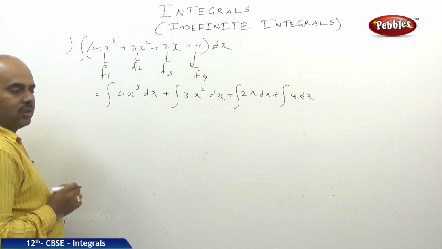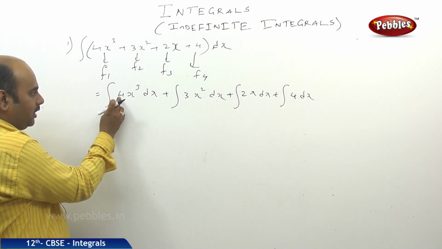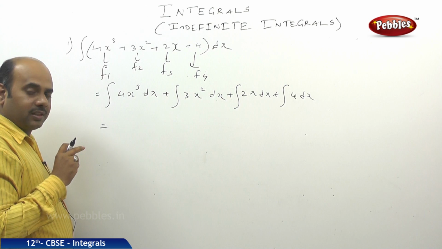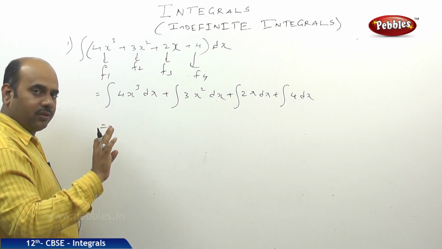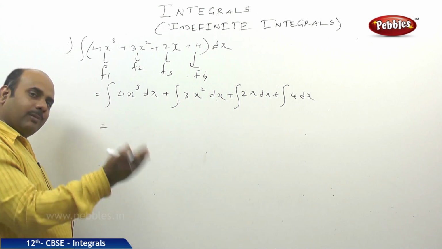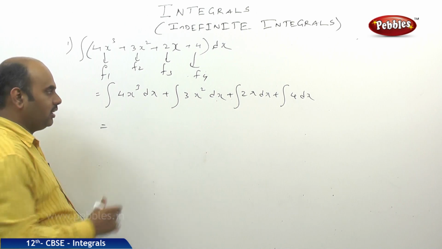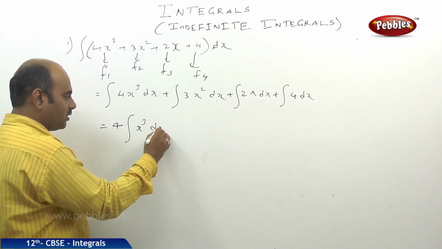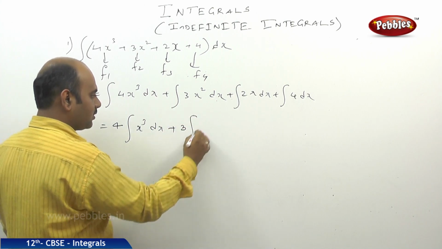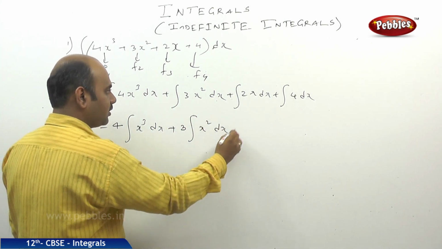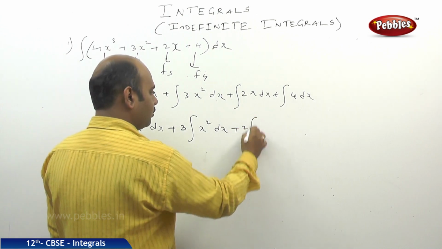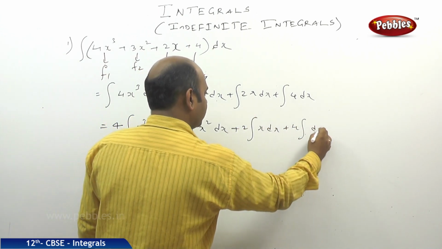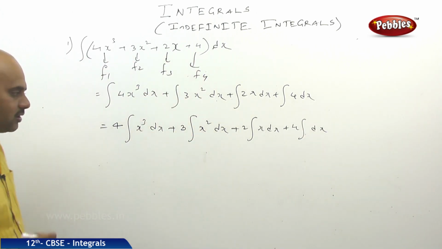Now again, if you could observe carefully, here this particular 4 can be coming outside, because earlier I said a property, integral of k into f of x dx is nothing but k into integral of f of x dx. So what happens? 4 into integral of x cube dx plus 3 into integral of x square dx plus 2 into integral of x dx plus 4 into integral of dx.